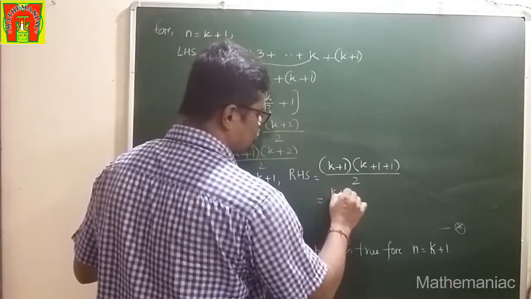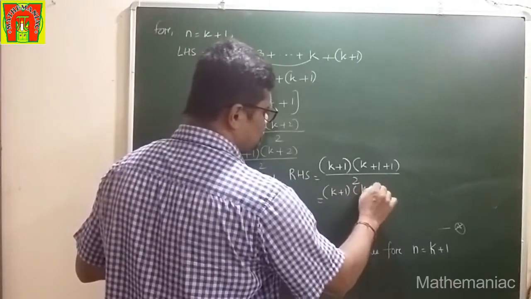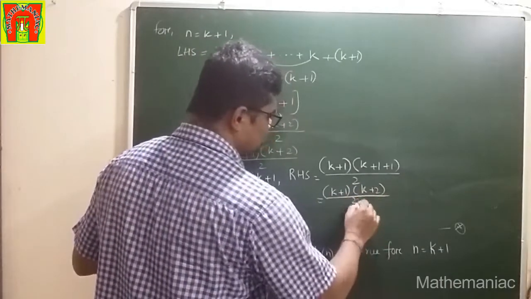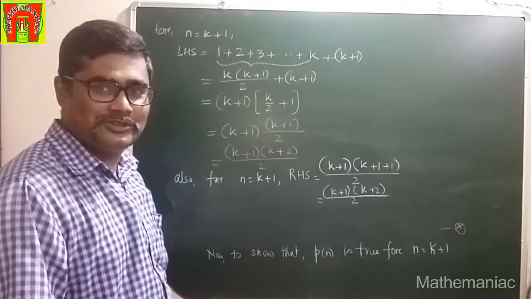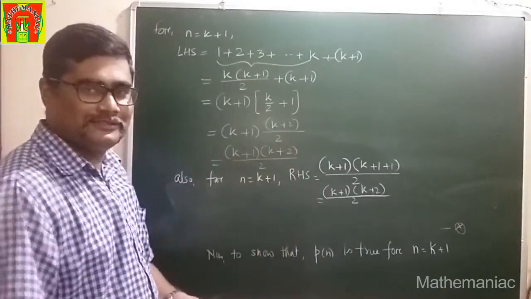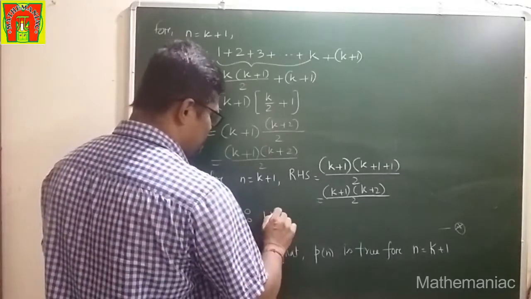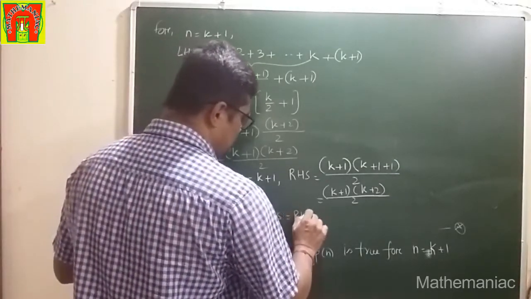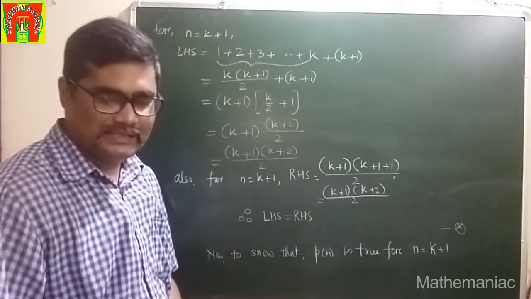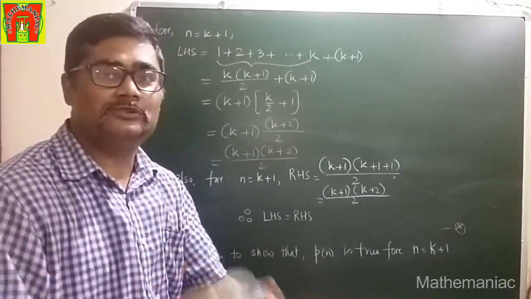What did you observe? Is that obtained? Yes, you got. Both the sides are equal, right? So you can write LHS equal to RHS for n equal to k plus 1.